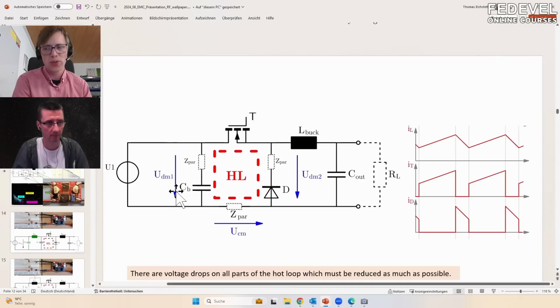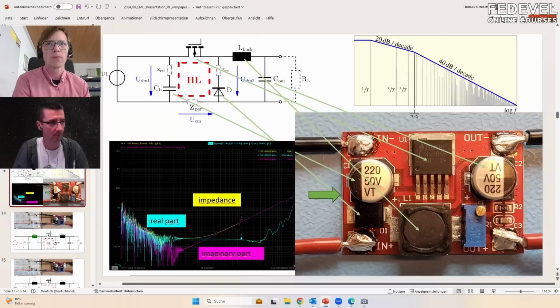And this is also what we saw at the beginning. This is our circuit. We have only this capacitor at the input and no additional filtering element, so all the interference created with the current will go out to the left to the voltage source.